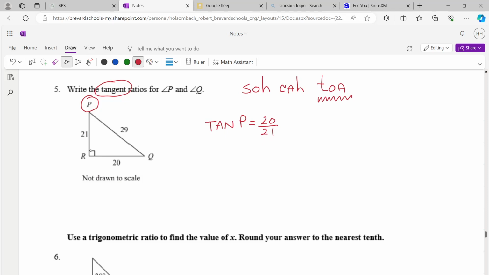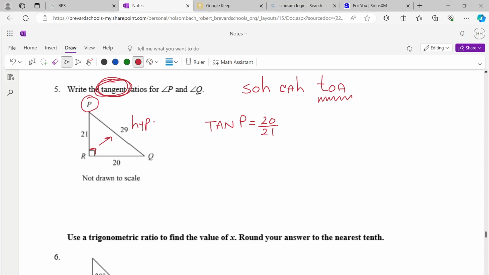All right, remember the side opposite the 90 is always the hypotenuse. If you're asked to write tangent ratios, there's no H in TOA, so you're not going to use the hypotenuse at all here.